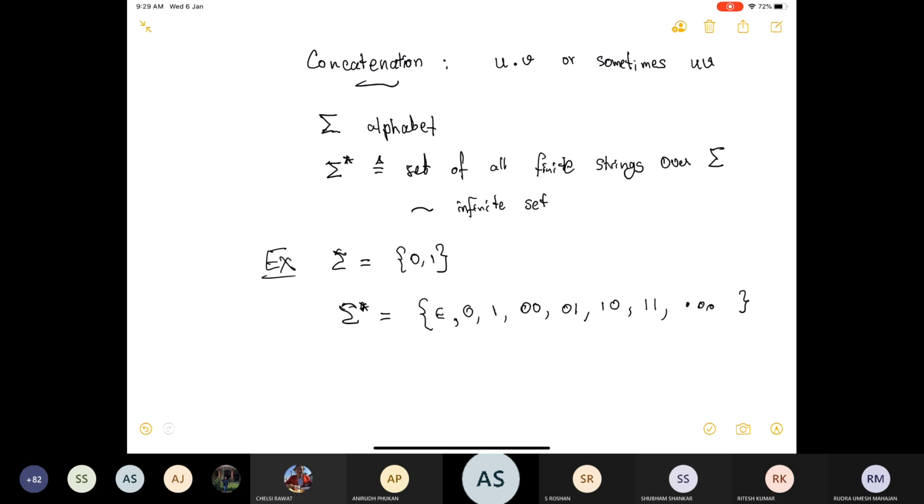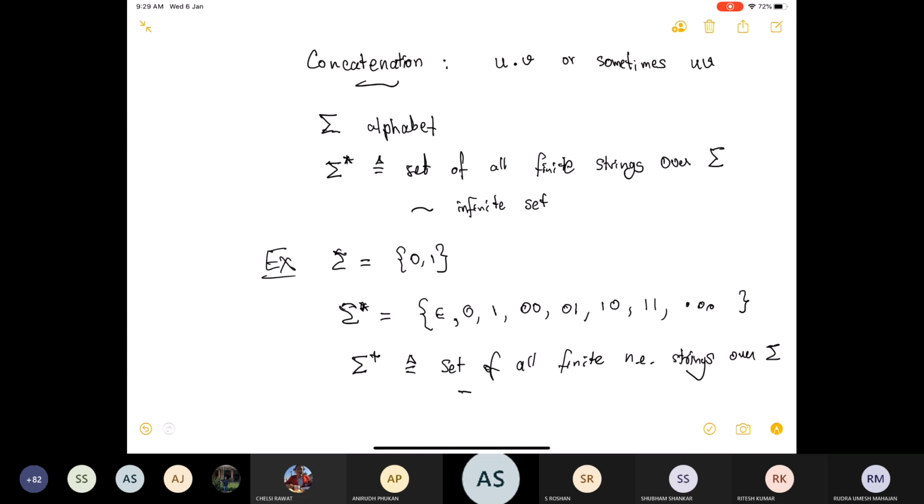And we can also define sigma plus. This is the set of all finite non-empty strings over sigma.